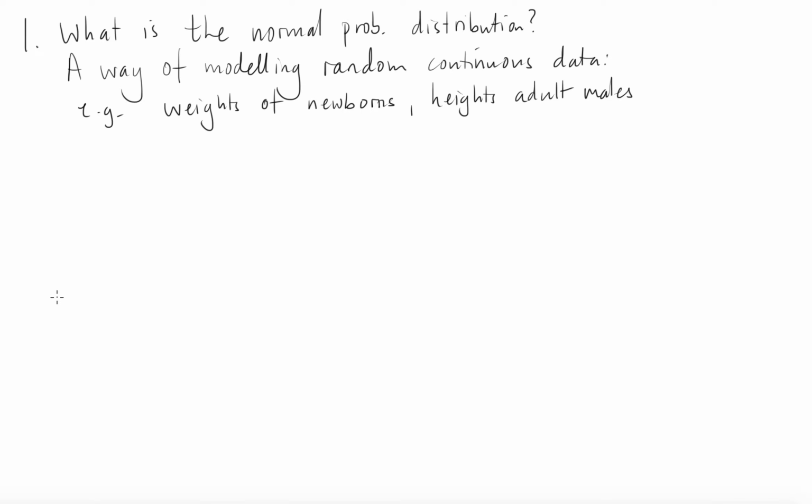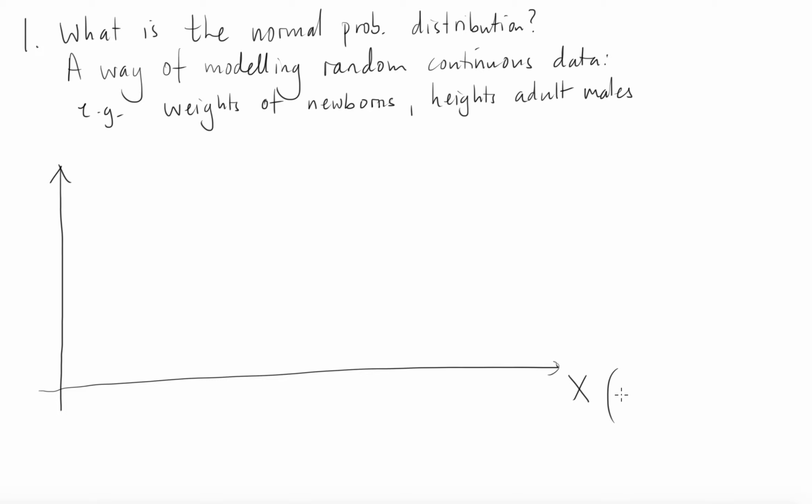If we were to say we had a variable x, it could be weight, for example, which has to be a continuous variable, so we can have decimal answers, not just whole number answers, and we plot the frequency, so how many males of a certain height.